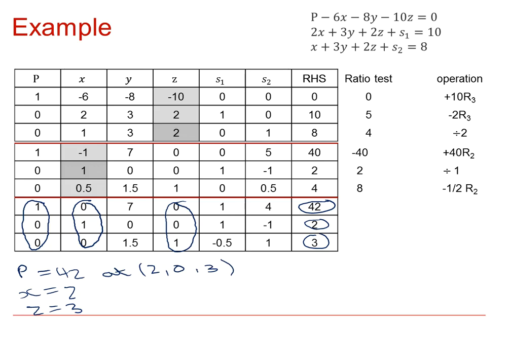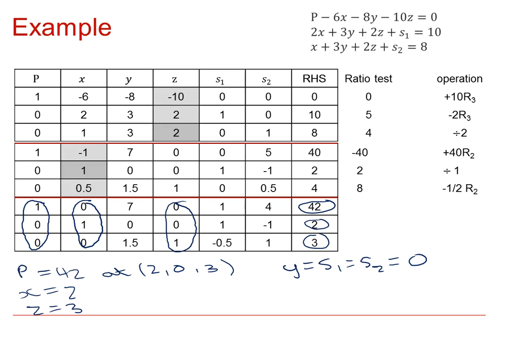The columns where we do not have just zeros and ones mean that those are equal to 0. So they are not coming in as the basic variables, they're non-basic variables.